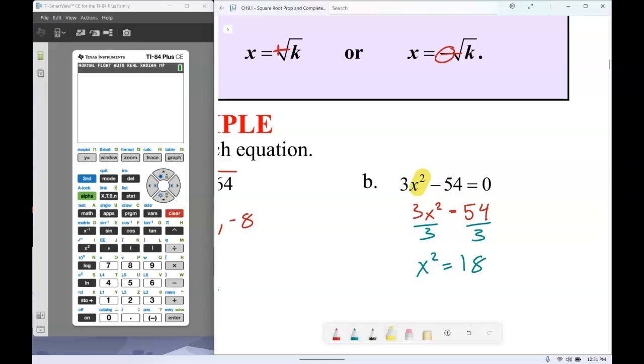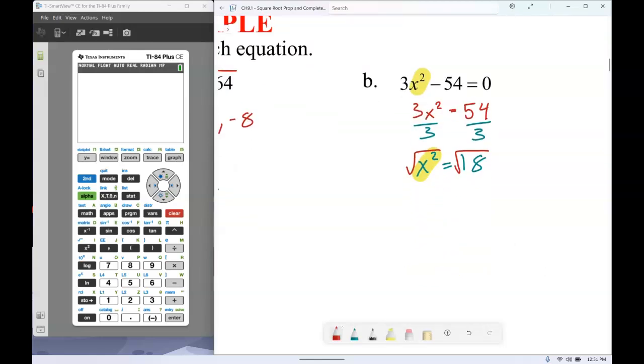Now that what's being squared is by itself, I can square root both sides. So we have x equals plus and minus the root of 18. We have the positive and the negative. And then we want to simplify the square root of 18. What can I split it into? 2 and 9.